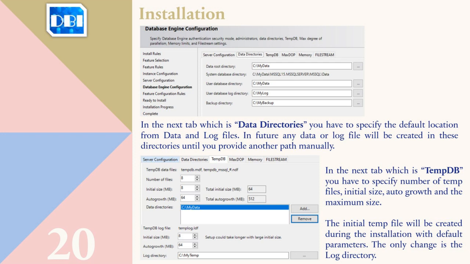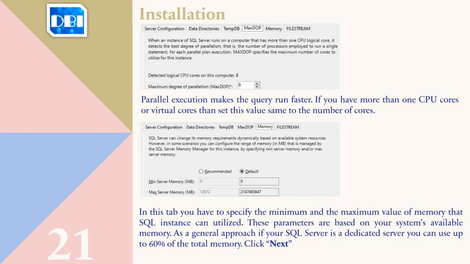Next tab is TempDB. Here you have to specify number of temp files, initial size, auto growth, and the maximum size. The initial temp file will be created during the installation with default parameters. The only change is the log directory. Parallel execution makes the query run faster. If you have more than one CPU cores or virtual cores, then set this value same to the number of cores.